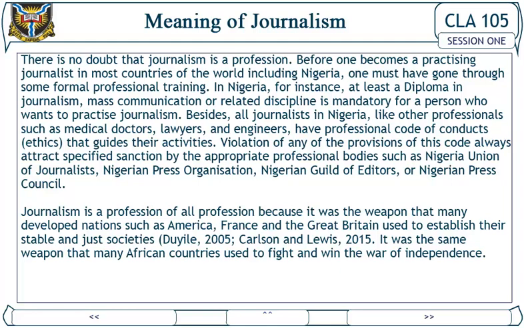Journalism is a profession of all professions because it was a weapon that many developed nations such as America, France, and Great Britain used to establish their stable and just societies. Doyle 2005, Carlson and Lewis 2015. It was the same weapon that many African countries used to fight and win the War of Independence.